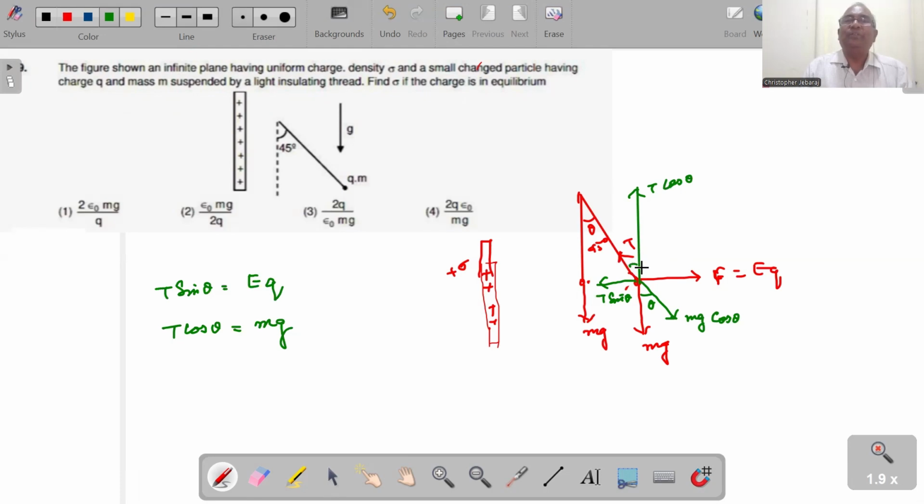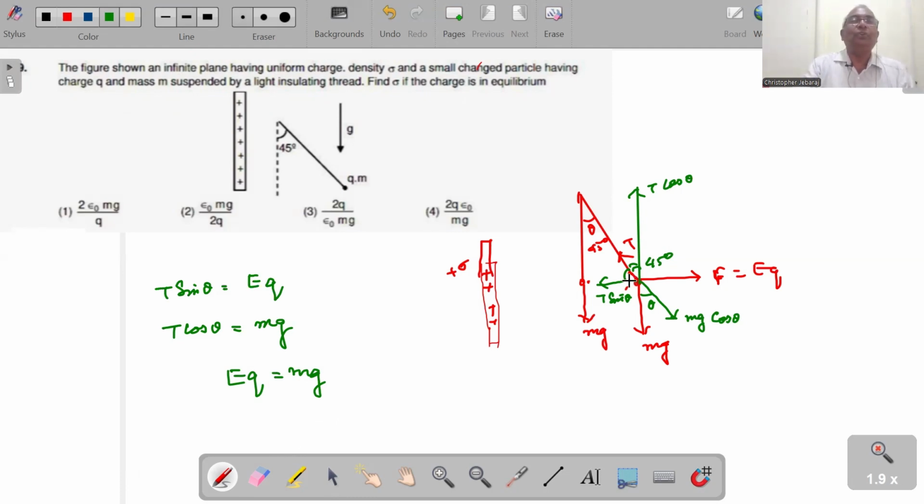This also is 45 degrees. Anyway, sin 45 and cos 45 are both 1 by root 2. Both will get cancelled. It is clear EQ will be equal to mg. Clear? T sin theta and T cos theta, both are 45, 1 by root 2, 1 by root 2. So these two become equal. EQ equal to mg.